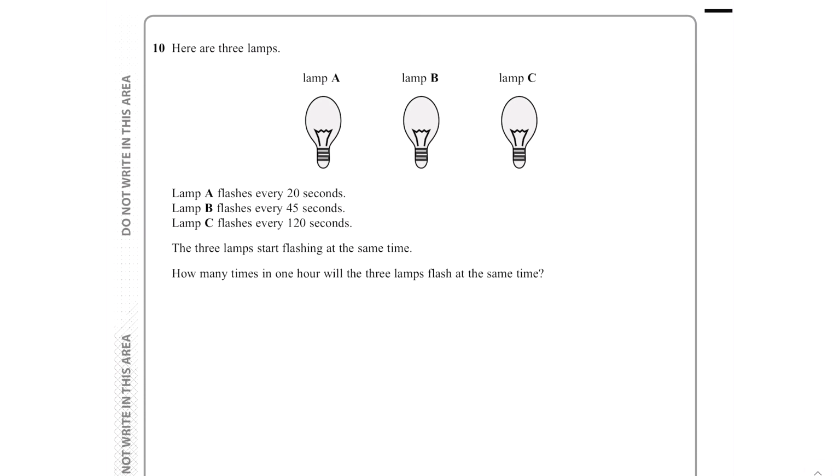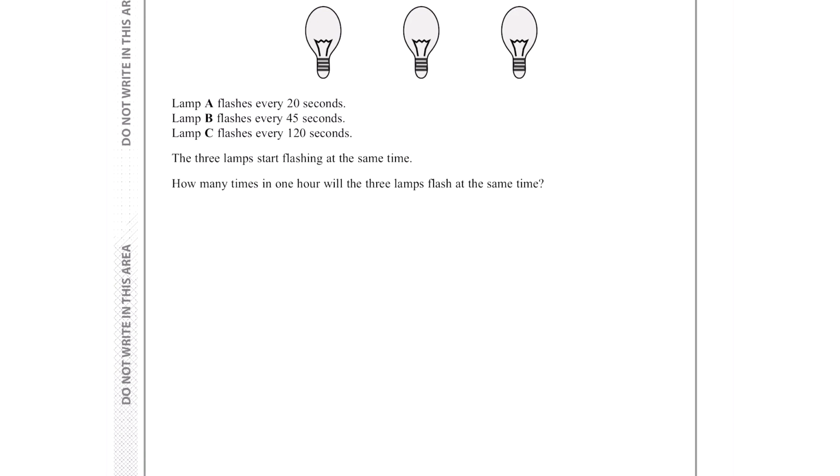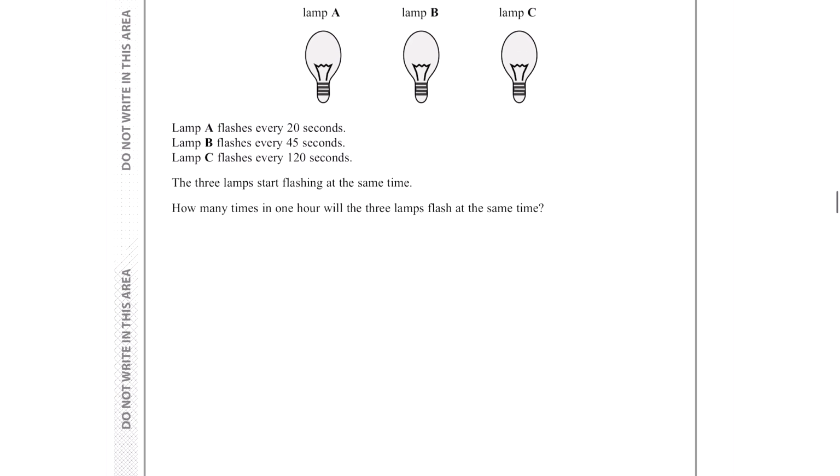There are 3 lamps. Lamp A flashes every 20 seconds, lamp B flashes every 45 seconds, lamp C flashes every 120 seconds. The 3 lamps start flashing at the same time. How many times in 1 hour will the 3 lamps flash at the same time? So in this case, we want to find the lowest common multiple across these 3.